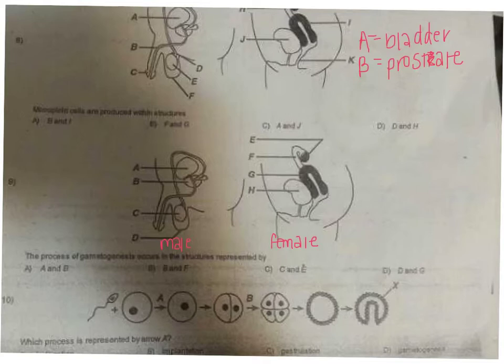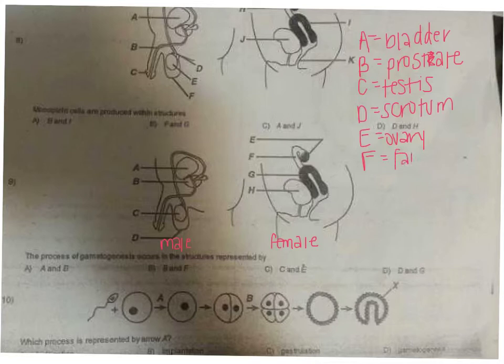C is going to be the testis. D is the scrotum. Now over in the female, E is the ovary. Very similar to the diagram above. F is the fallopian tube. G is the uterus. And H is the bladder.